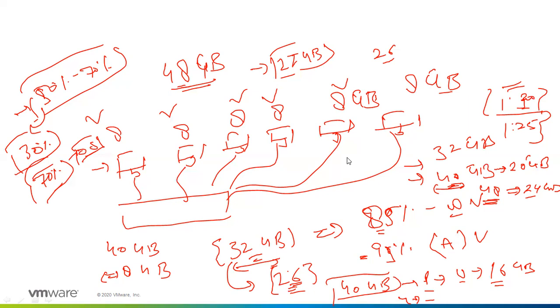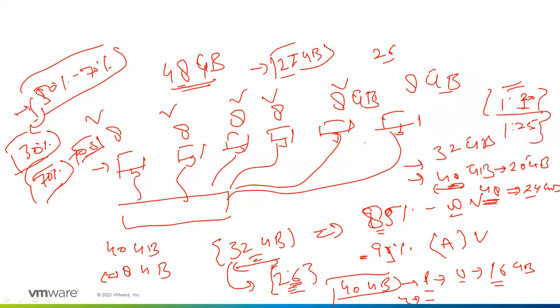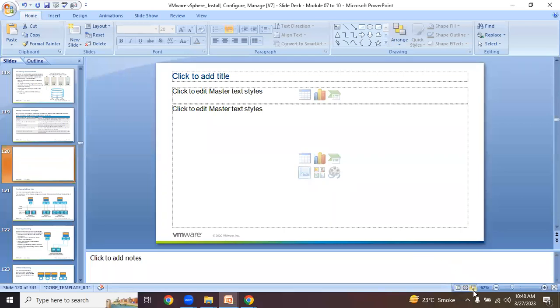How many machines are you assuming on top of 40 GB? ESXi host has 48 GB and 8 GB is used by ESXi. Okay, I understood up to that level. Now I am considering four machines. My question is a little bit different.